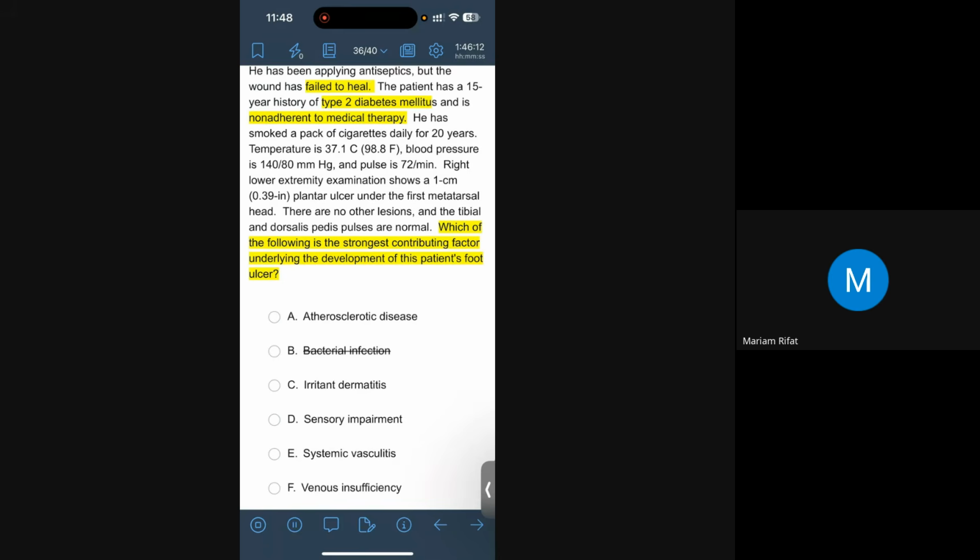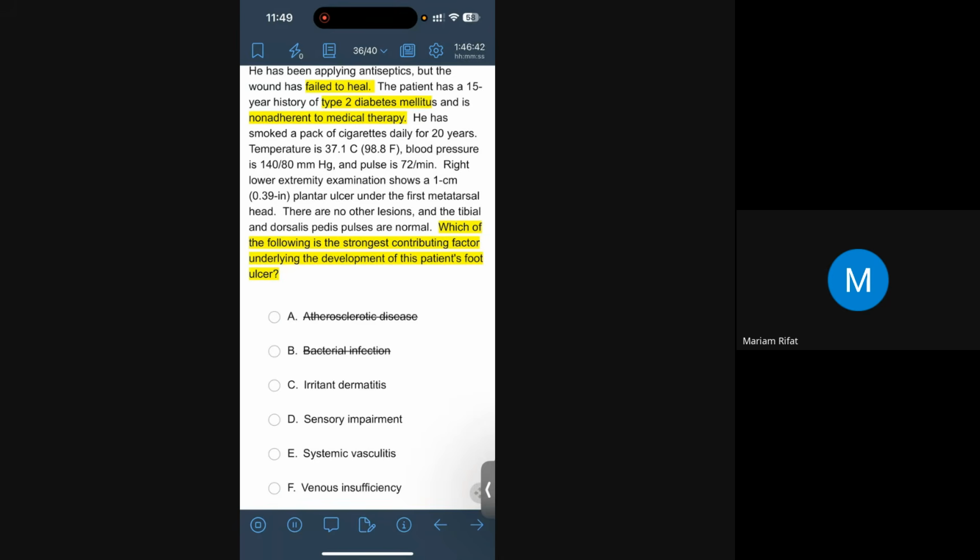That's why the last line is very important, because in diabetes patients you are going to see two types of ulcer. One ulcer is due to arterial insufficiency, and the other ulcer is due to neuropathy. People usually get confused whether the ulcer is due to arterial insufficiency or neuropathy. So the last line clarifies that the ulcer is not due to arterial insufficiency, because the blood flow is normal in the lower limbs.